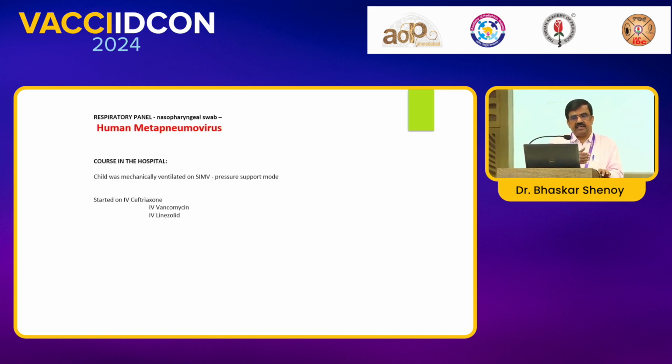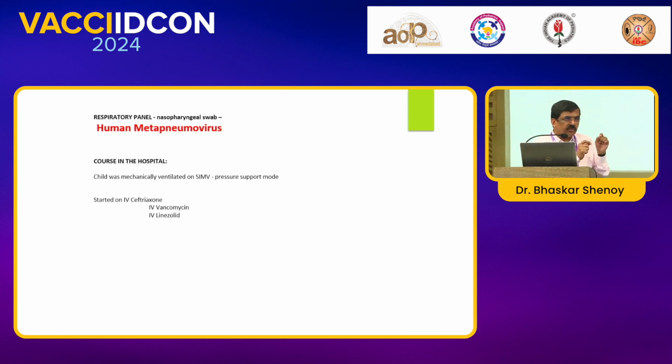The child worsened, so it was referred to our hospital with the ceftriaxone, vanco and linezolid. He was ventilated. So they thought it is due to metapneumovirus and then they sent to our hospital. So child didn't improve, child worsened. Sir, in this case, in your hospital, this child comes, how will you proceed?